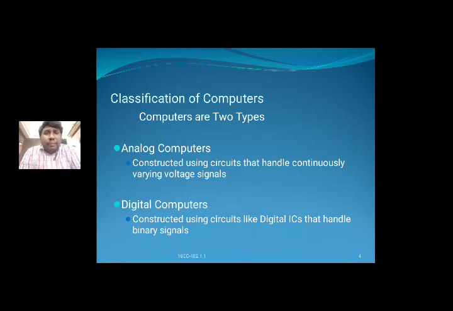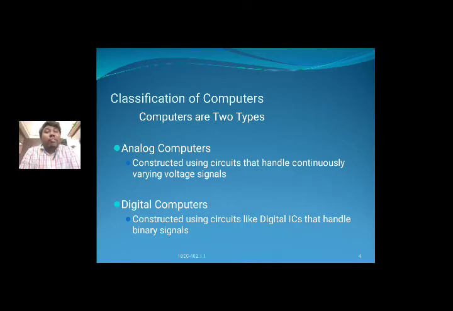Digital computers are constructed using circuits like digital ICs that handle binary signals. That means the digital electronics we studied previously, like number systems, flip-flops, IC design and TTL logic, everything is used in this computer analysis.